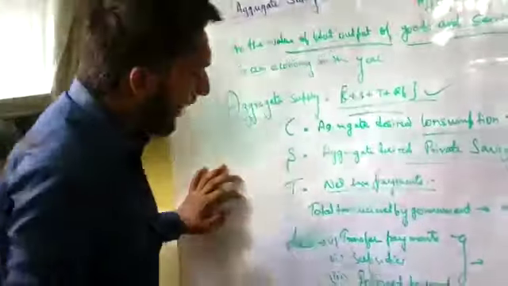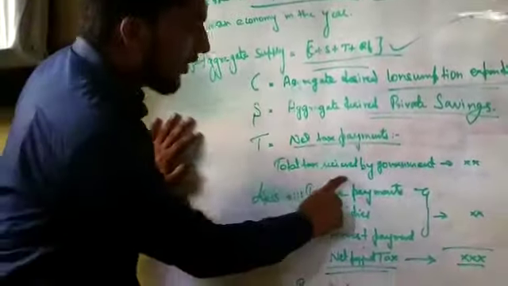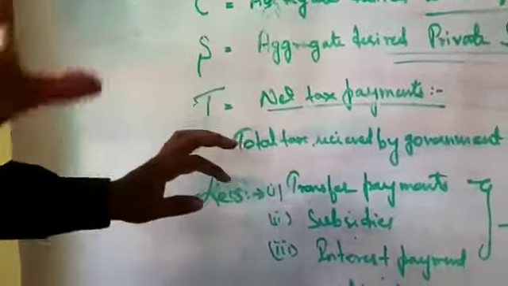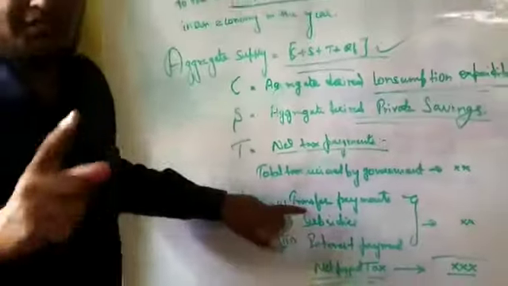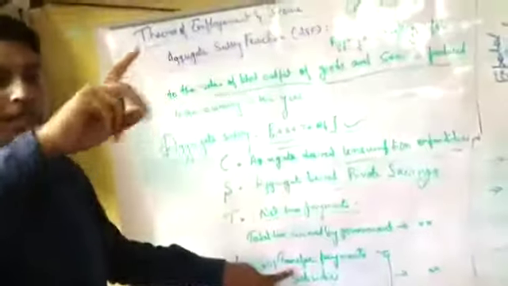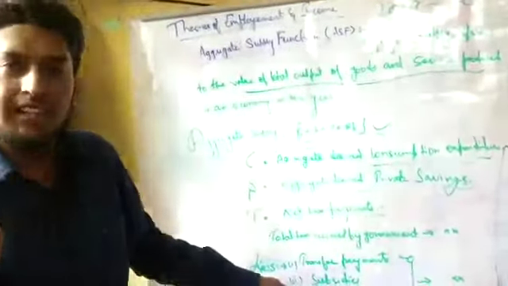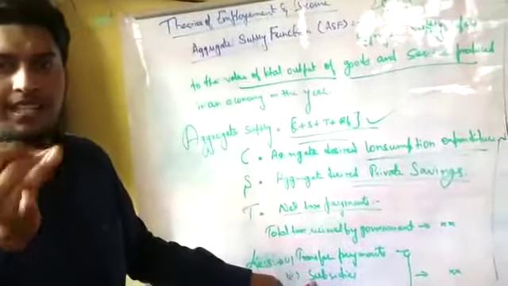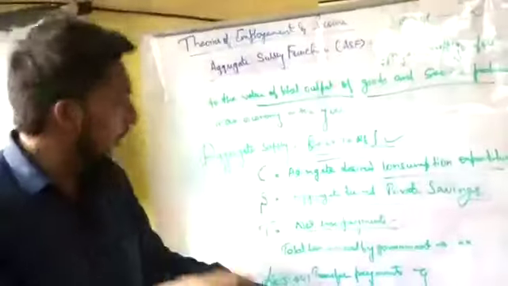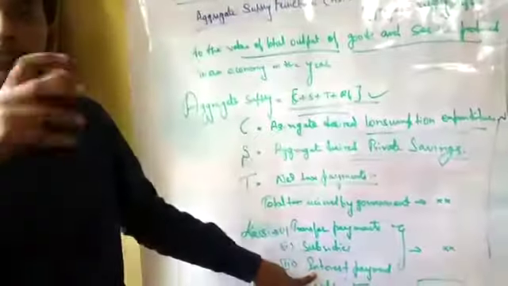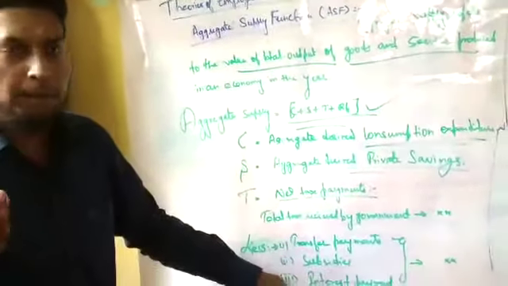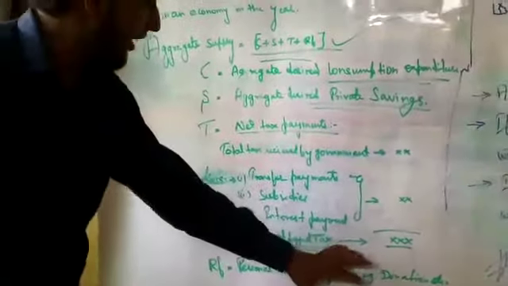The net tax payment is calculated from the total tax paid minus transfer payments. Transfer payments include subsidies from the government, like the LPG subsidy and electricity subsidy, plus interest payments, such as interest from the bank, investment companies, or loans. All this minus the tax you have paid gives you the net tax payment.